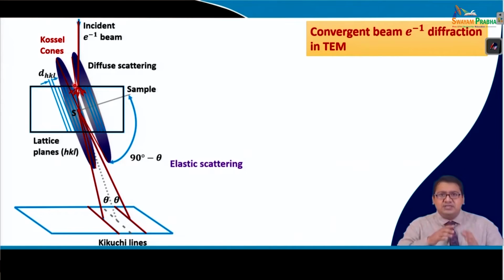But when it interacts multiple times with the electrons and the nucleus, the loss of energy becomes considerable and the scattering becomes inelastic.